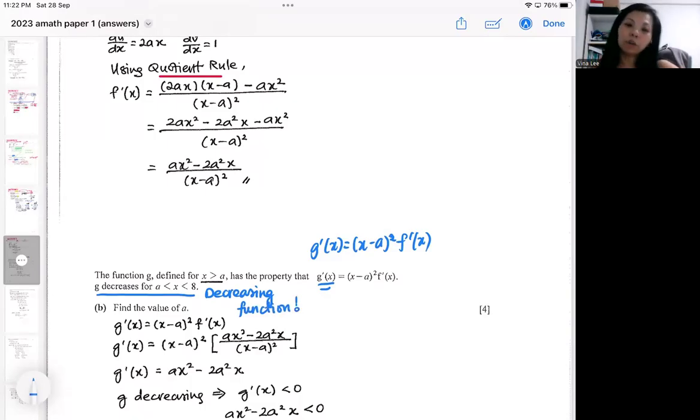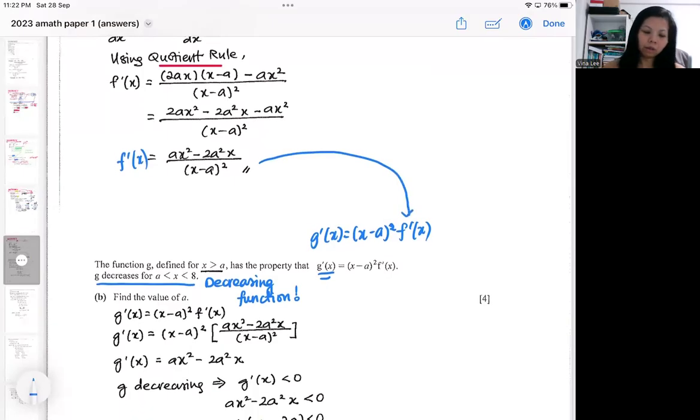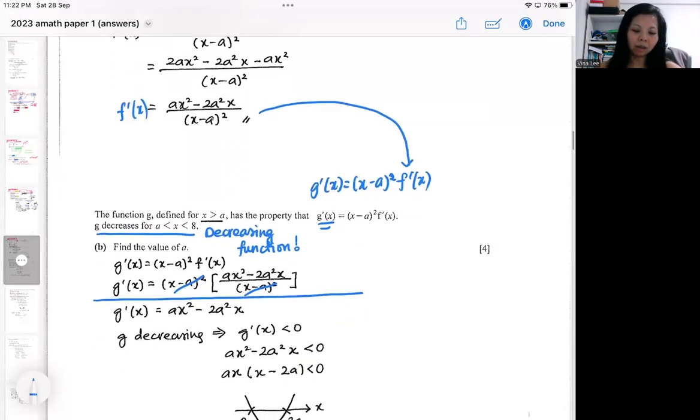If they have given you G prime like this, and you already got your F prime, you literally just sub inside first. So you can see I just literally sub inside. And if you sub inside, you get a cancellation, and then you are getting a proper G prime.